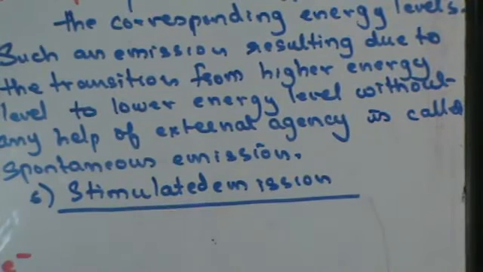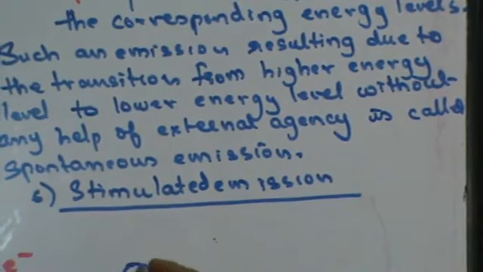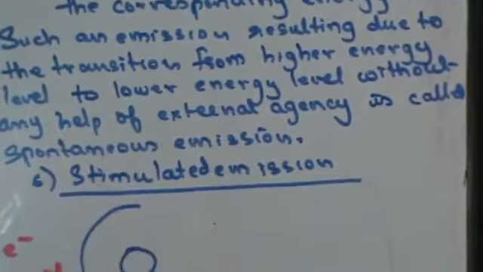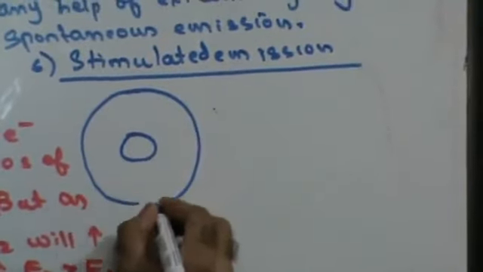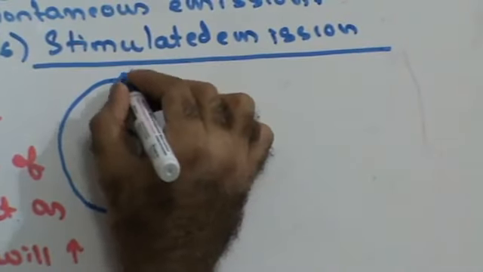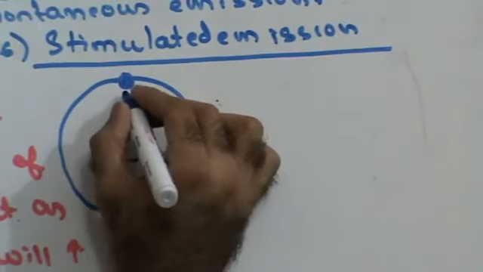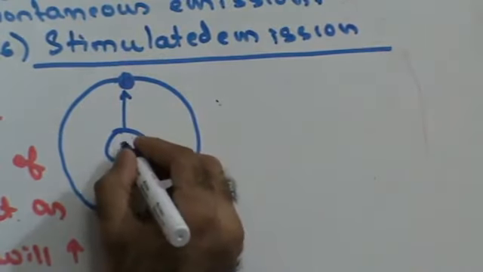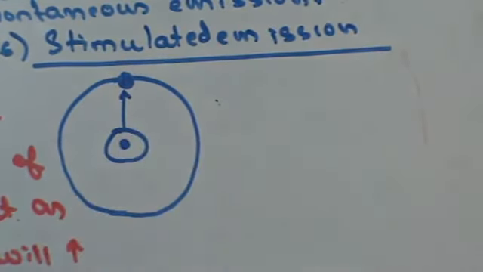Let us assume that this is an atom, this is the nucleus, and this is the electron revolving at a high energy level.